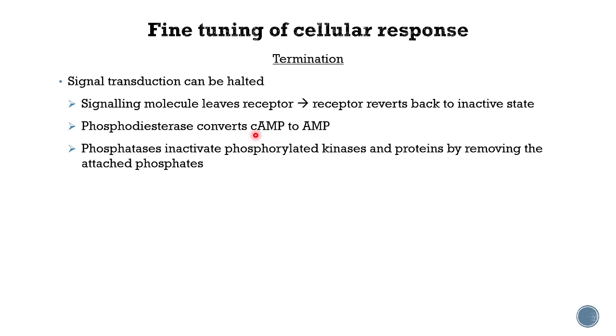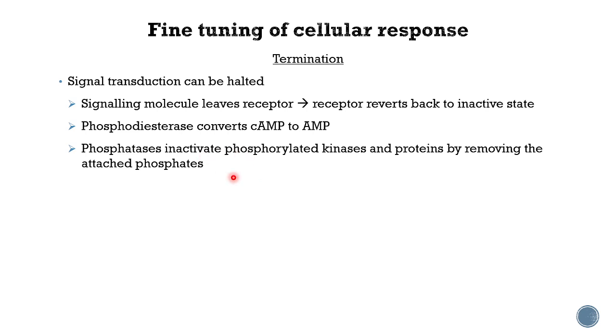It is removed by the enzyme phosphodiesterase, which converts it to AMP. Once the cAMP is removed, whatever protein cAMP binds to and activates will no longer be activated. Then the signal transduction stops.